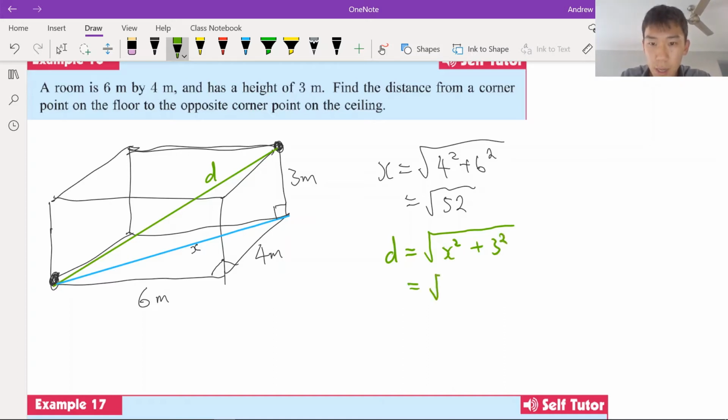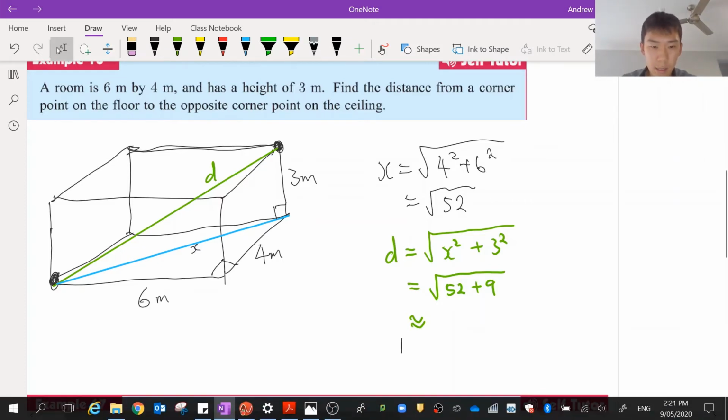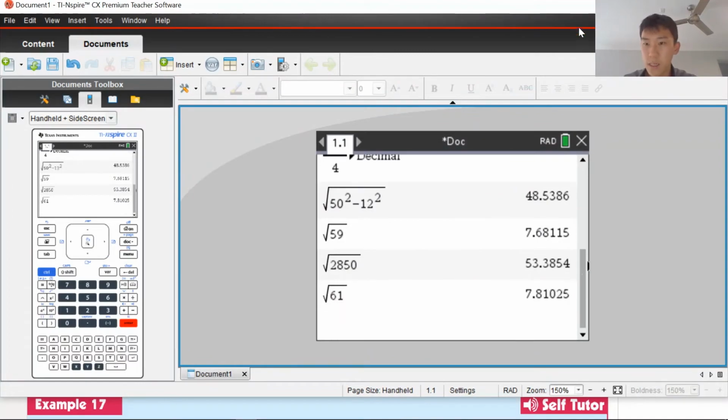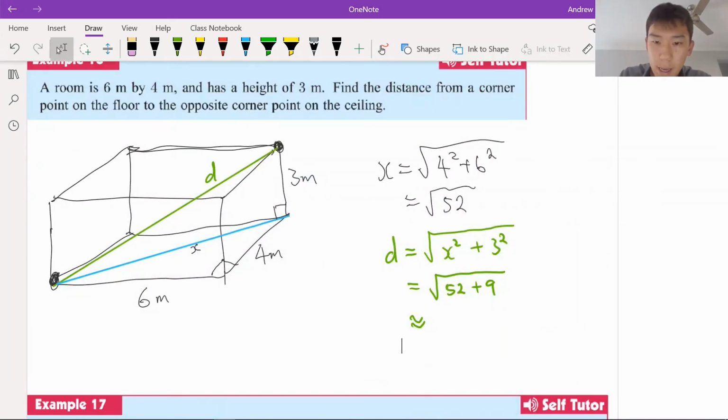Since x is root 52, x squared is just 52 plus 9. Let's calculate that: the square root of 61 is approximately 7.81. The length is 7.81 meters.